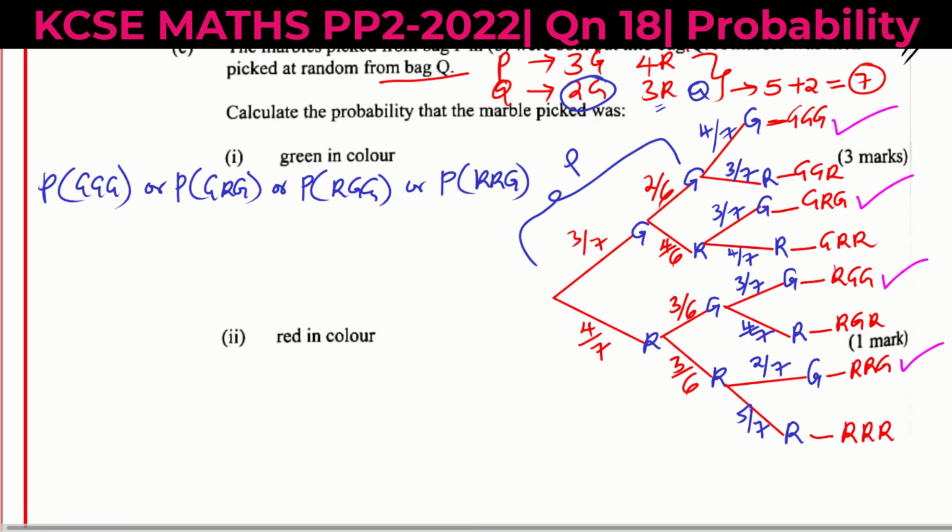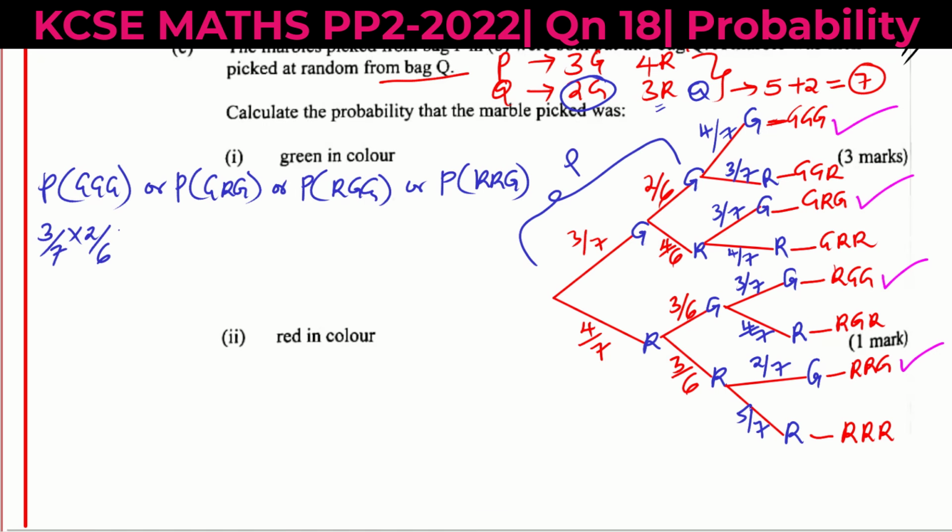So let us work out these and be very careful. The first one is 3/7 times 2/6 times 4/7.